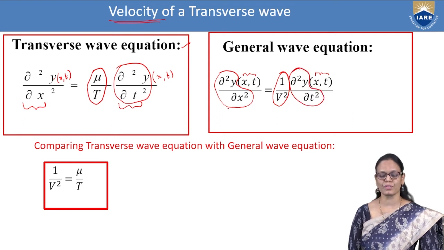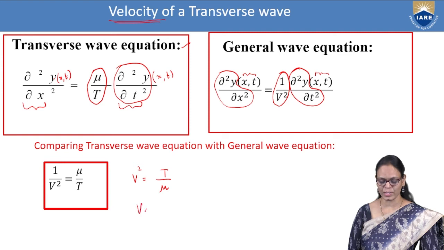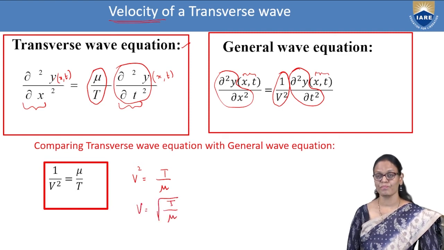So now we compare the two expressions. You get 1 by v² is equal to μ by T. We want the velocity, so I can write it as v² is equal to T by μ. Taking the square root on both sides, we get v is equal to square root of T by μ.